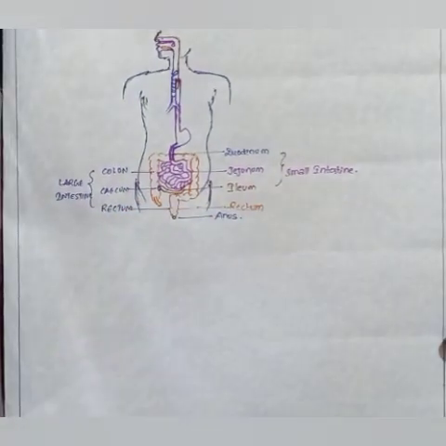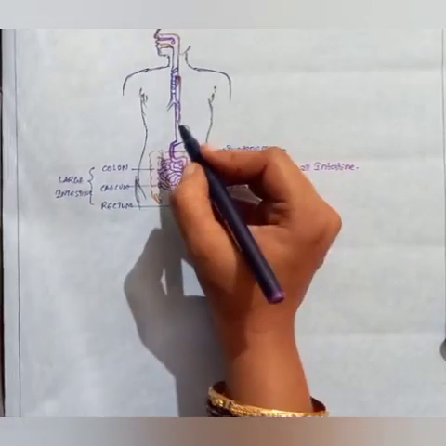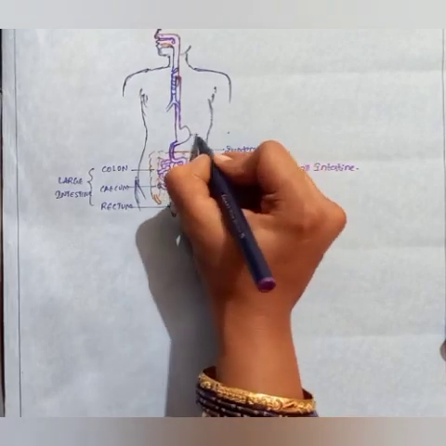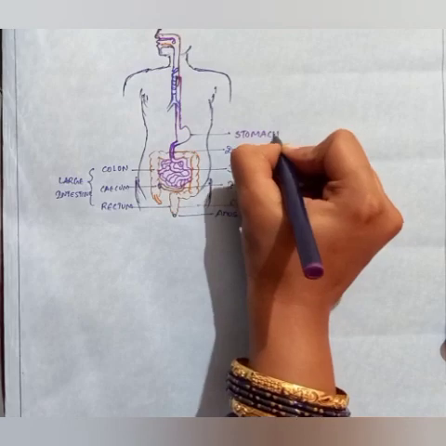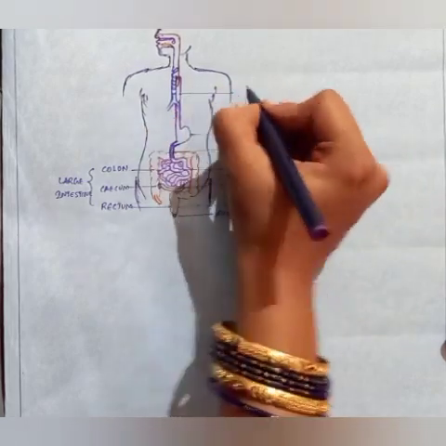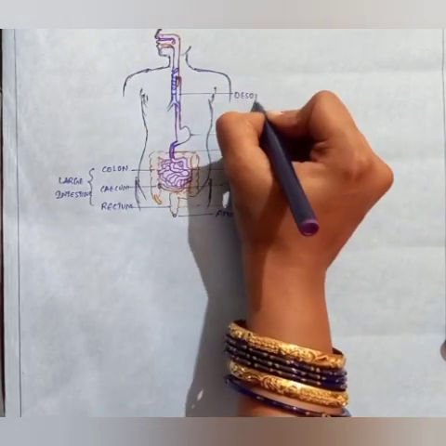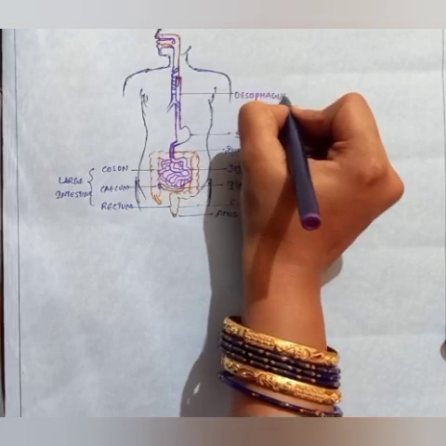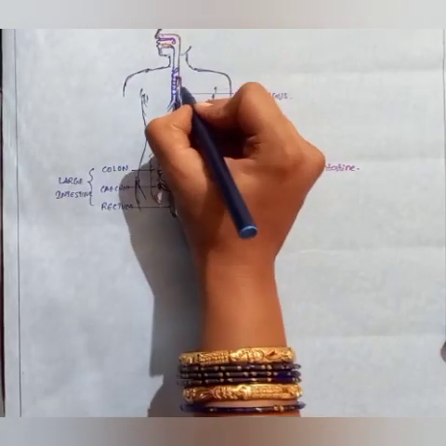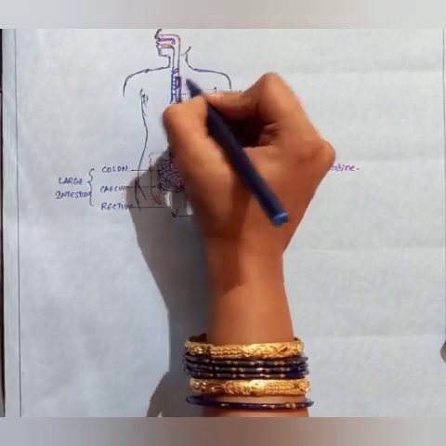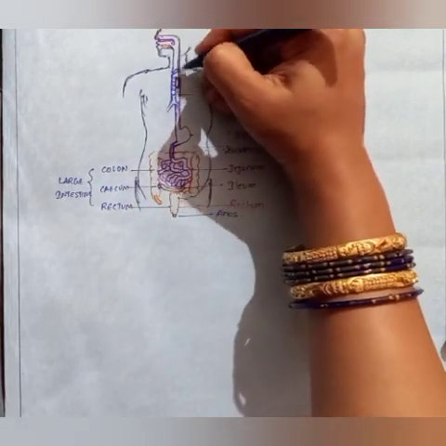right? So we'll also label the other parts which we mentioned here. So this is our stomach. Then this is esophagus, or the food pipe, right? And then this part till here, this is pharynx, right?